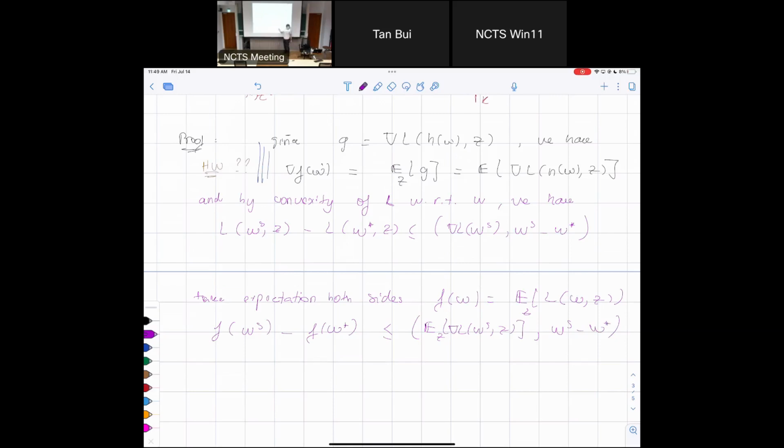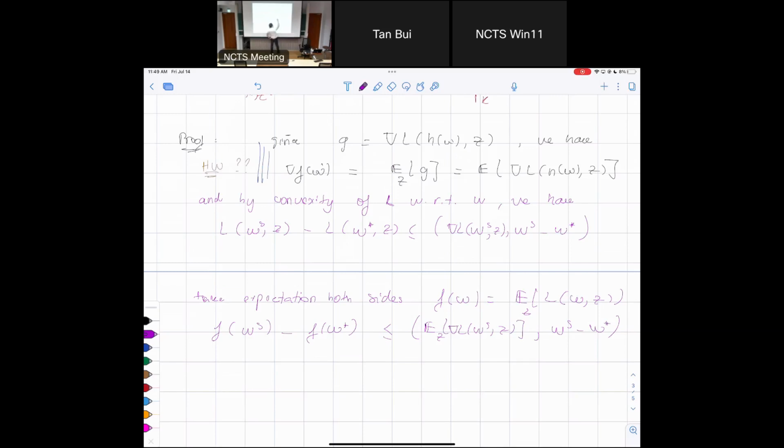Let me actually put Z in here so that we understand things a little bit better. Remember that the loss function is a function of Z. The loss function is a function of the training data, right? This is not a training thing. So when you take expectation on both sides, you think about expectation as an integral. And then the inner product itself is a linear operator, right?